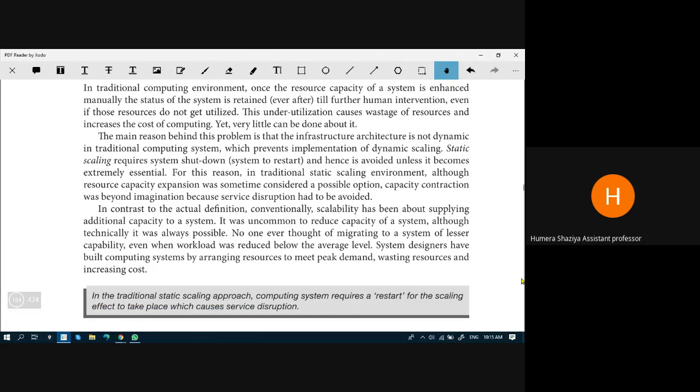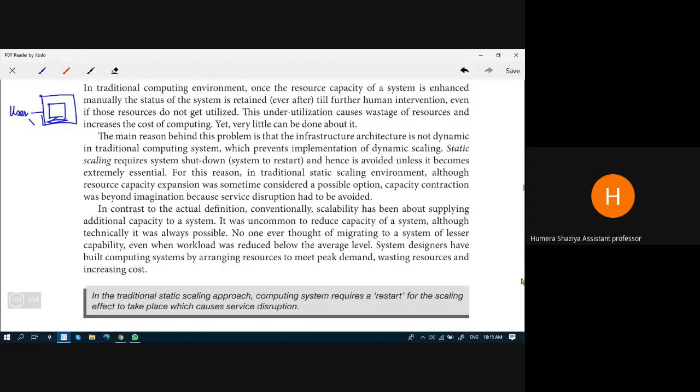There are two aspects here, because resources can be allocated dynamically or statically. Statically, a user requests the resources in advance. These are static, these are fixed.